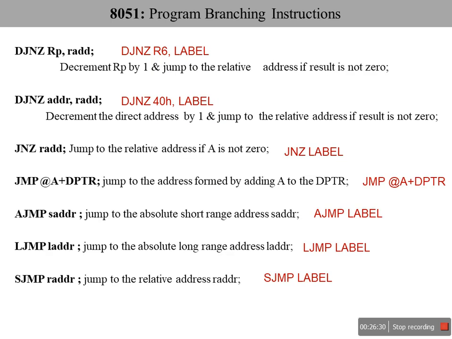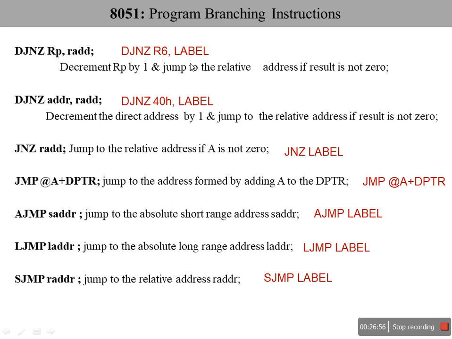Then some more instructions like DJNZ, decrement and jump if not zero. What is to be decremented here? Here the content of the Rn register will be decremented by 1, and the control goes to the specified address if the result is not 0. For example, DJNZ R6, label.